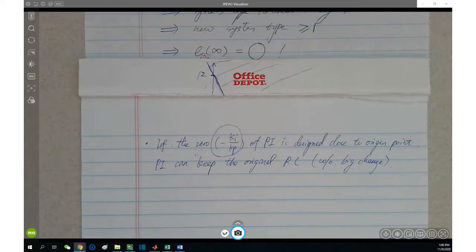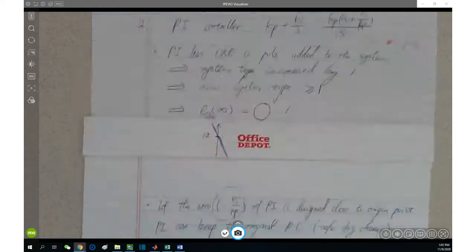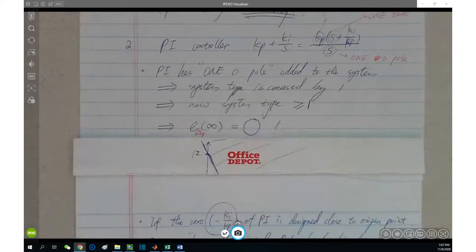Of course, there's no way to be exactly the same, but you can keep it roughly. It won't change too much. That's what it means. So the PI controller can basically do these two things: basically keep the original locus and also make the steady-state error for a step input zero.